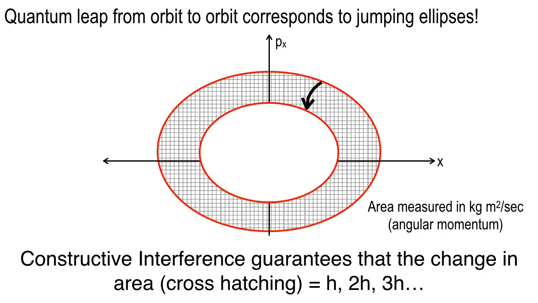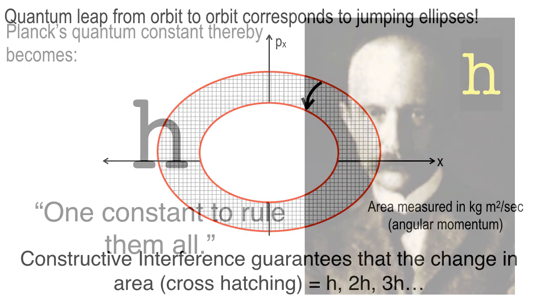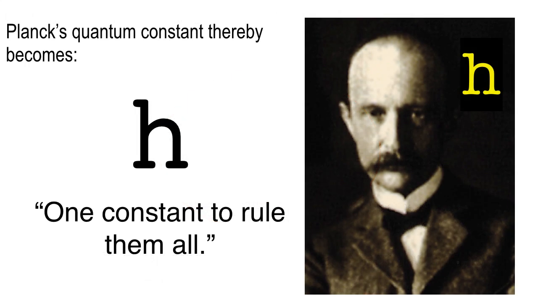Jumping ellipses, under the proviso that the new area is only one h, or maybe two h's or three h's smaller, some number of Planck's constant. For that reason, I always say that Planck's constant is the one constant to rule them all.